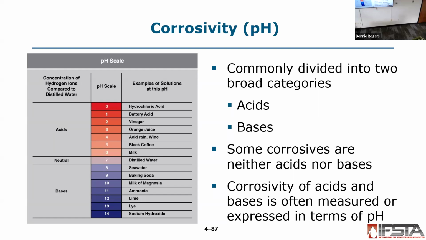Yeah, it'll destroy your tissues, and a base can do that, and an acid can do that. So in terms of the DOT, just consider that acids and bases are corrosive. Sometimes they refer to basic solutions as alkaline. So just know the different terms can mean the same thing.